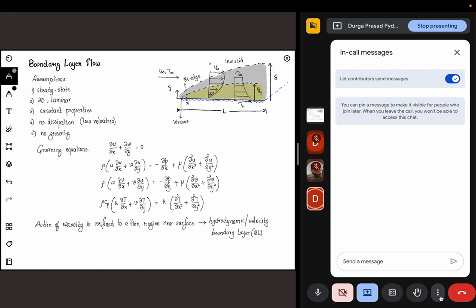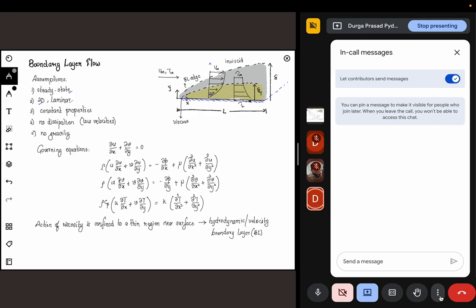In reality, it will always be some 3D thing, but we are assuming it to be 2D, which is a reasonable assumption when the width is very large compared to the length of our region of interest. So we can make this assumption of 2D steady state, so that the time derivative terms that will come here are neglected.